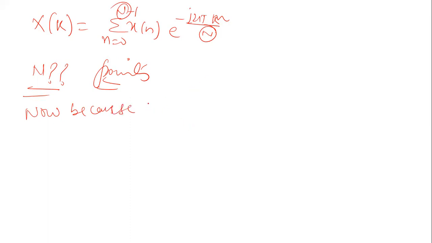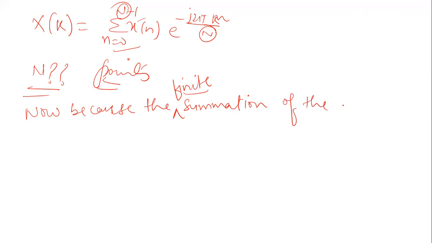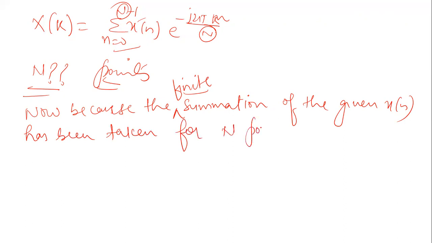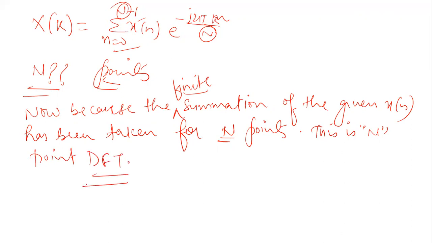The finite summation of the given x[n] has been taken for N points, so we'll say that this is the N point DFT.